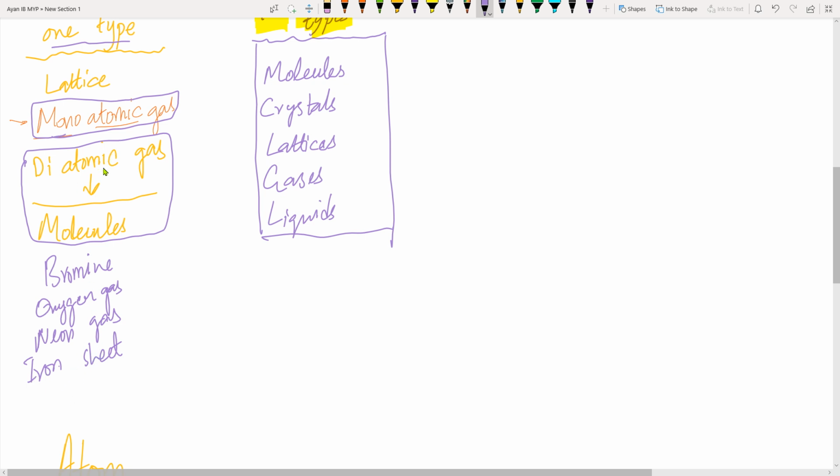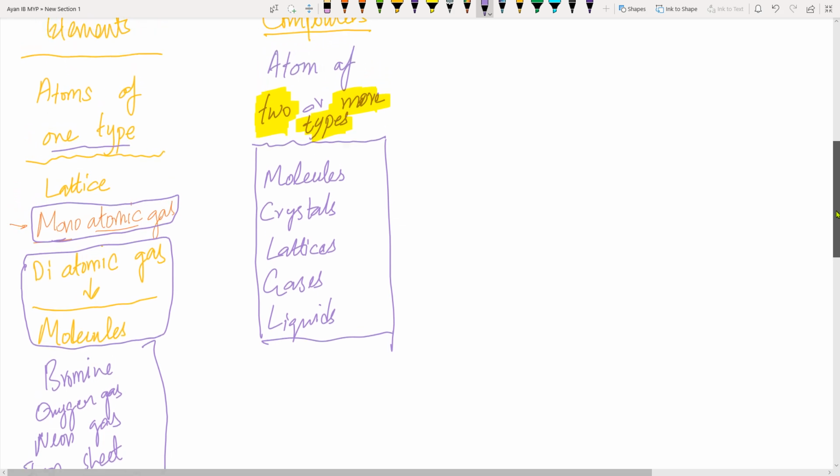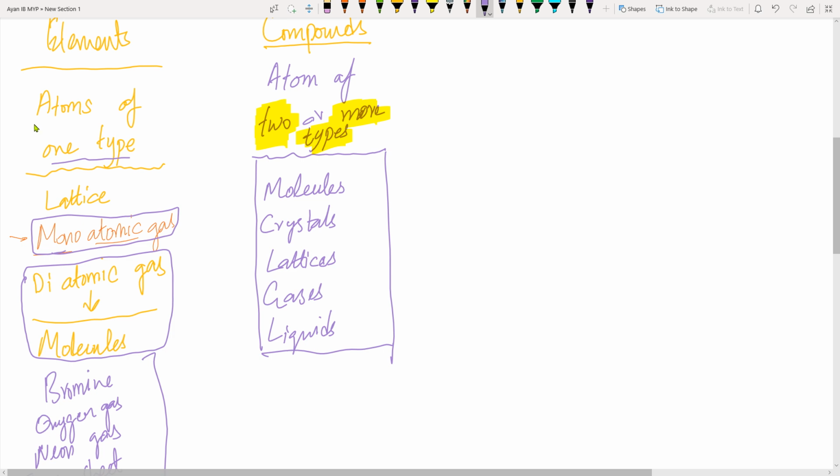Those are elemental. You also have liquid mercury. It's a metal, but it stays in liquid form at room temperature. Very dense metal to work with, and very poisonous as well. So these are pure elements we're talking about, because if you look very deep into them, you're going to see that they're only made of atoms of one type.